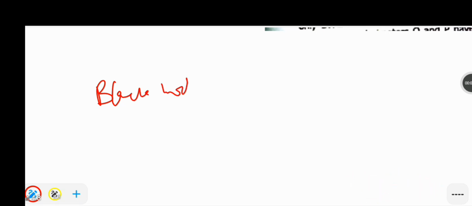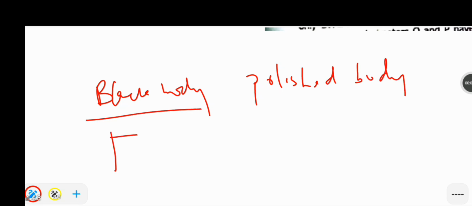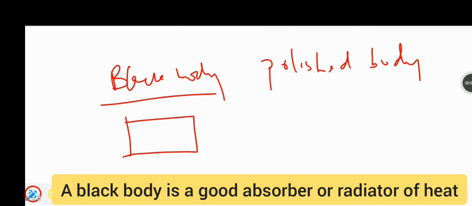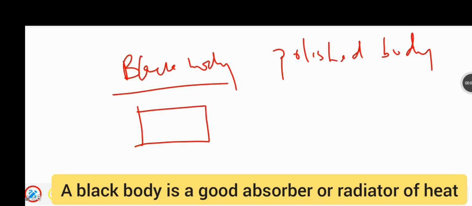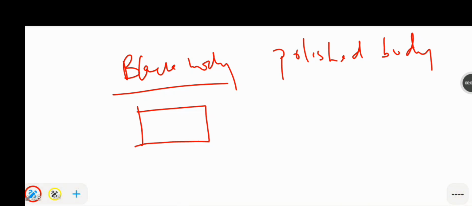So a black body and a polished body. A black body is a good absorber or radiator of heat. If you are putting on a black shirt, you are likely to feel sweat easily, because the black shirt will absorb all the heat very fast.